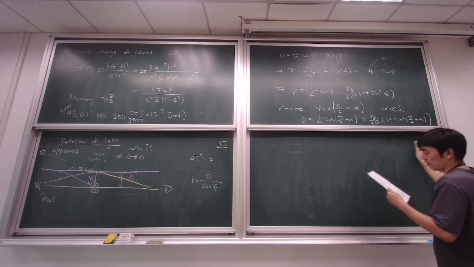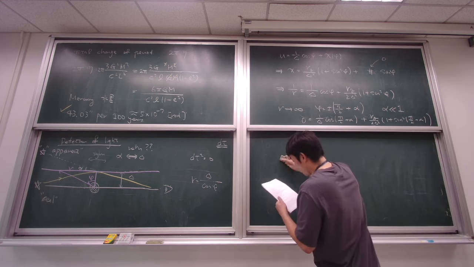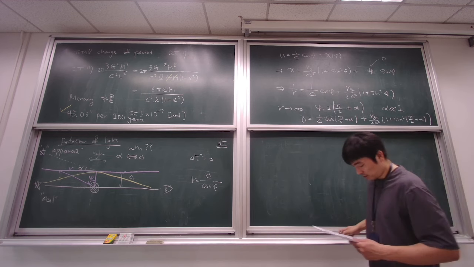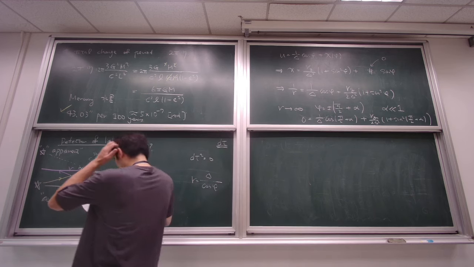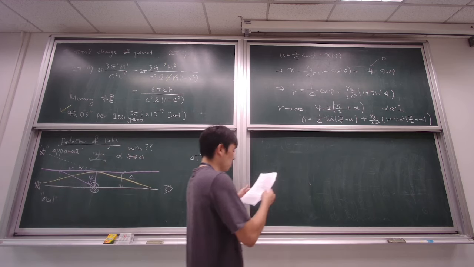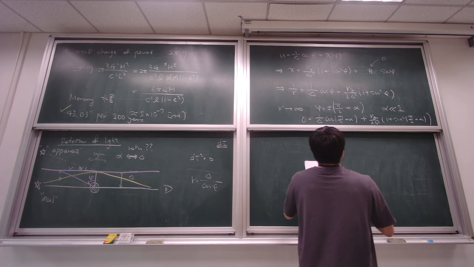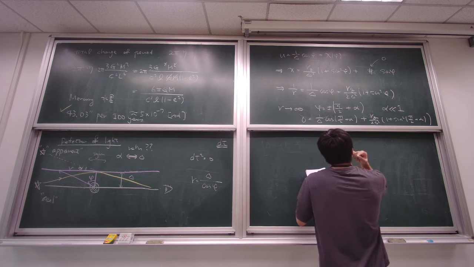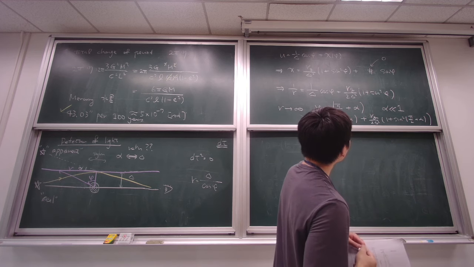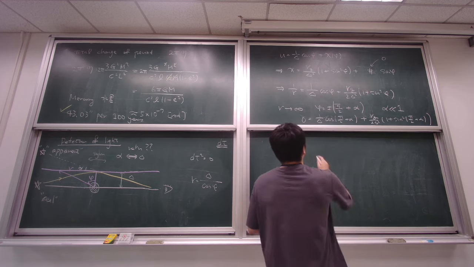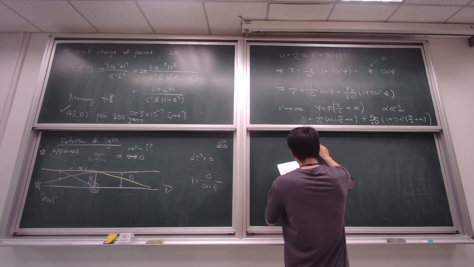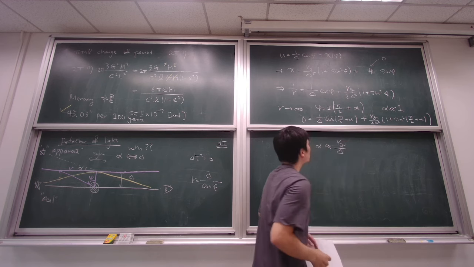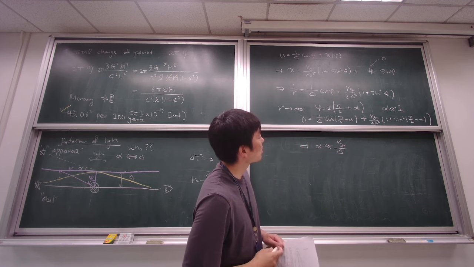So we can just take the leading order equation in alpha. Can you solve? This one will give you alpha is roughly Rg over delta. So that's what you get.